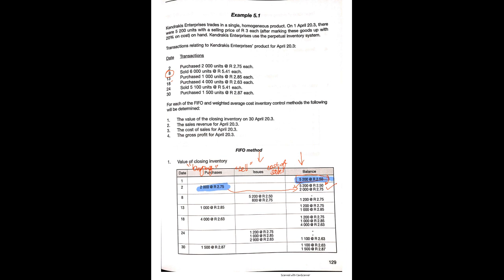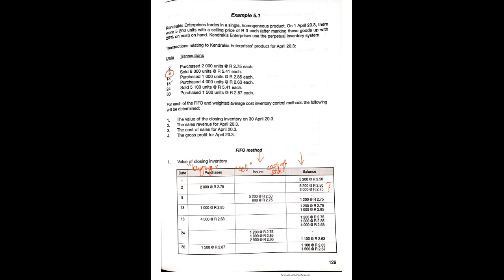And then whatever we still need, we can go to the next one and take it out from there. So if you look at the balance from the previous page, you had 5,200 at 2 Rand 50 and 2,000 at 2 Rand 75.